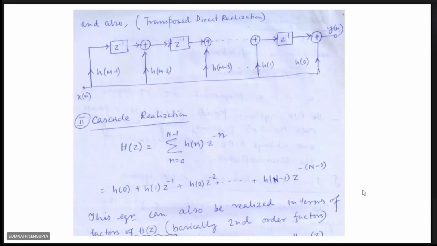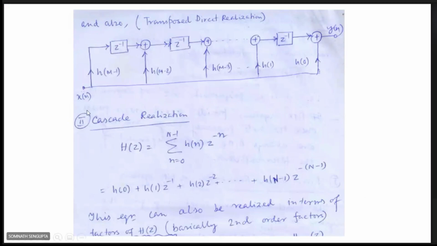There is also the transposed direct form, where the input is delayed each time, and before delaying we are multiplying with the impulse response term.